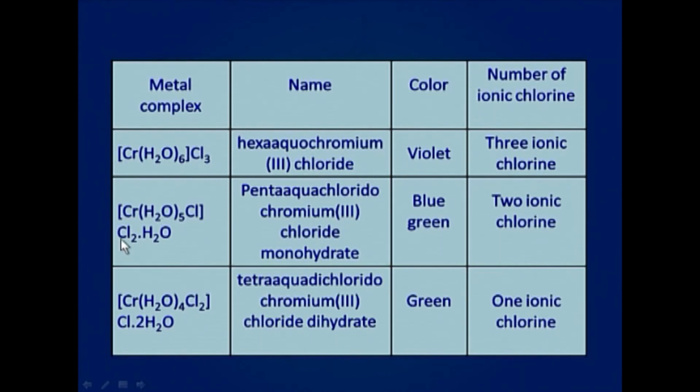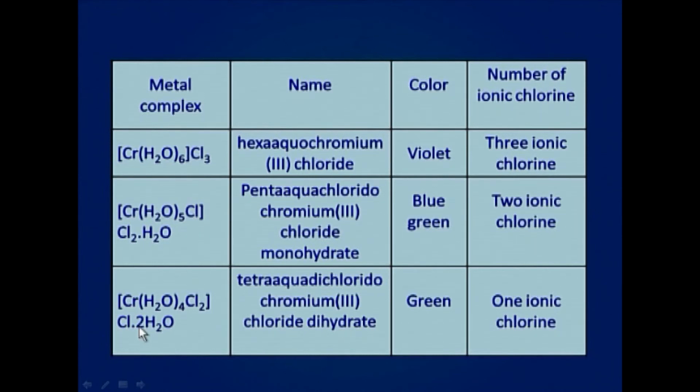The third hydrate isomer of this complex is [Cr(H2O)4Cl2]Cl·2H2O. You can see 4 water molecules are present in coordination sphere and 2 water molecules are present outside the coordination sphere.